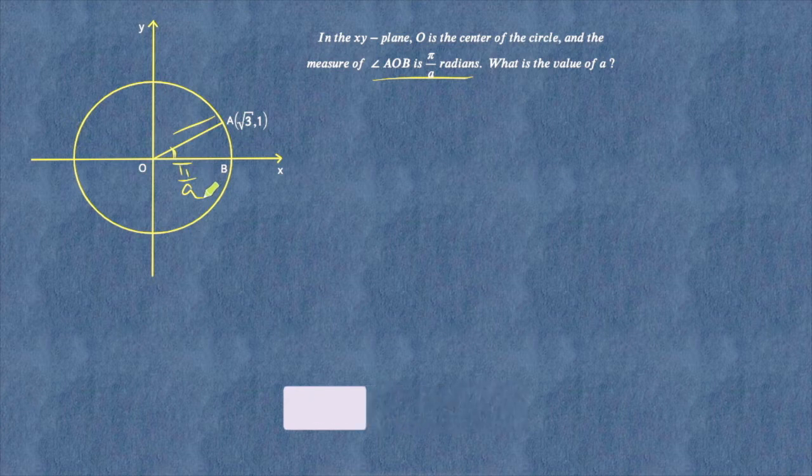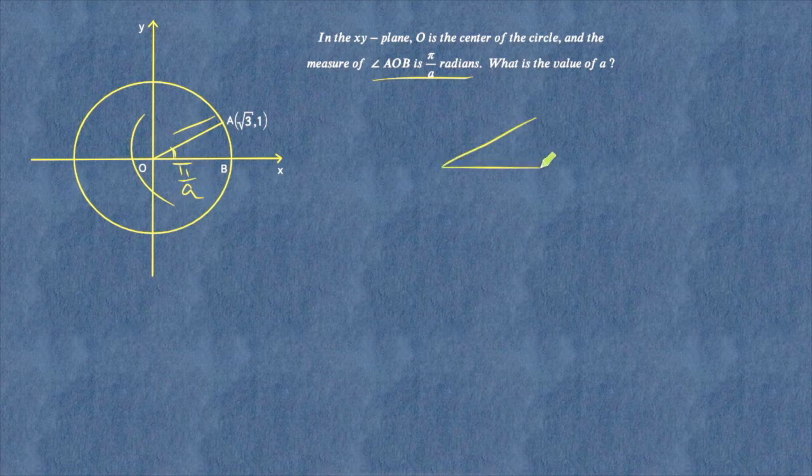I'm just going to take this portion, the triangle, and show you that we are just going to draw a straight line like this here. And now this becomes a right angle triangle. And we know this portion, which is OA, this is OAB, and this is what we have to find, pi divided by A. And now this A is nothing but the radius, isn't it?